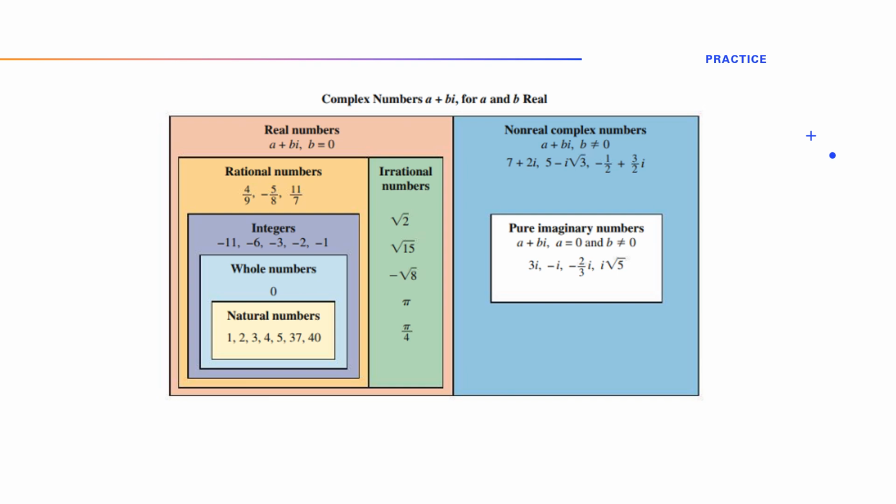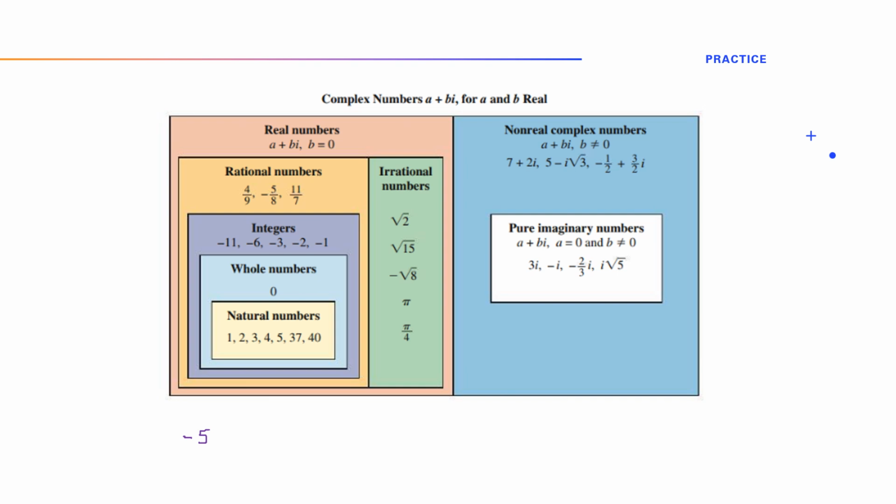Okay, so let's say I have -5. What does -5 belong to? It is negative, so it's not the natural numbers, it's not the whole numbers, but it is an integer.